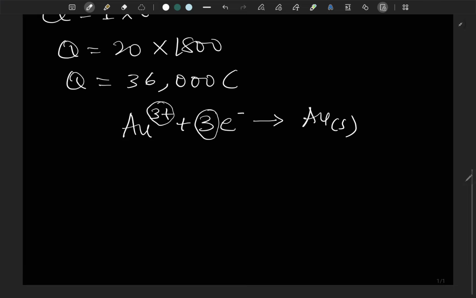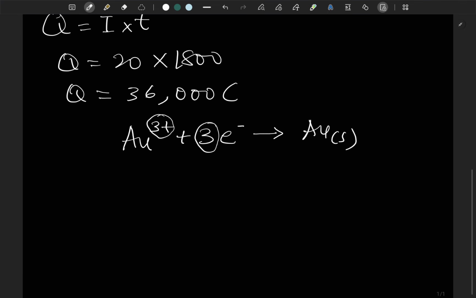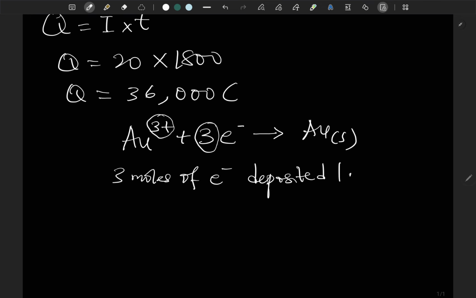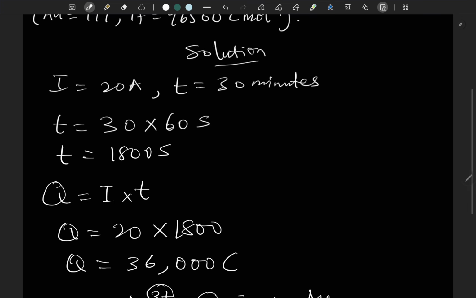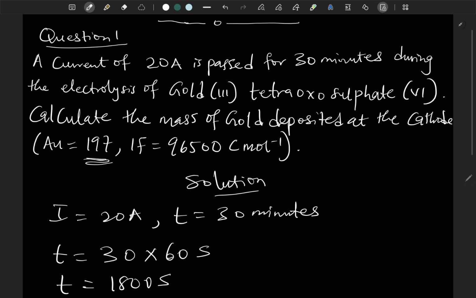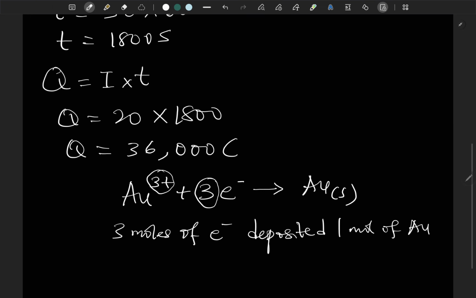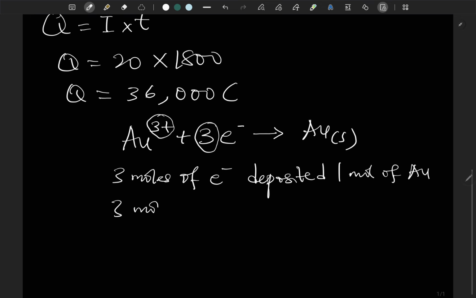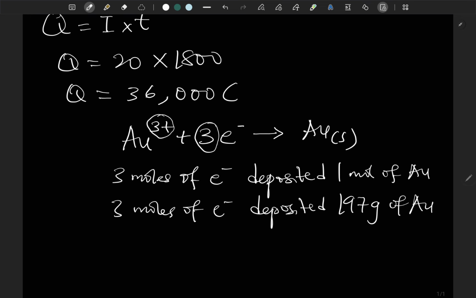Now we have 3 moles of electrons depositing 1 mole of gold, and we know that 1 mole of gold is 197 grams of gold, so we can say that 3 moles of electrons deposited 197 grams of gold, and also 3 moles of electrons is equivalent to 3 Faradays of electricity.